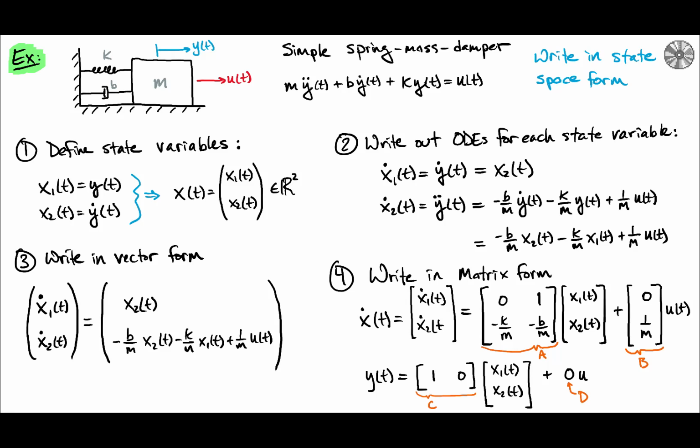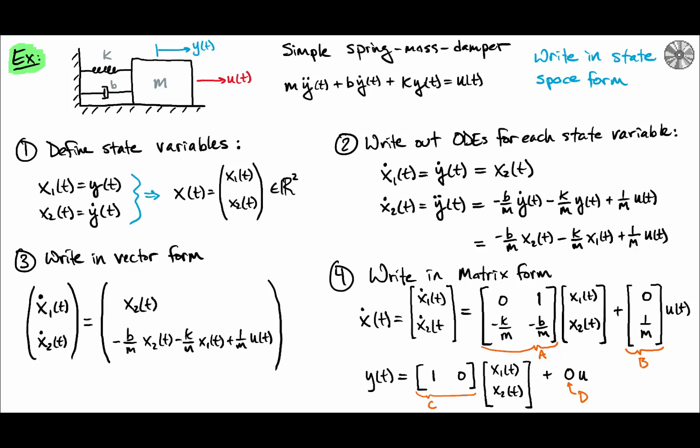Typically, we take the first one, x1, to be the output, y, the variable of our differential equation. And then we define another one that is the derivative of that state. And so then our new state, x of t, is a vector that has 2 components, x1 and x2.